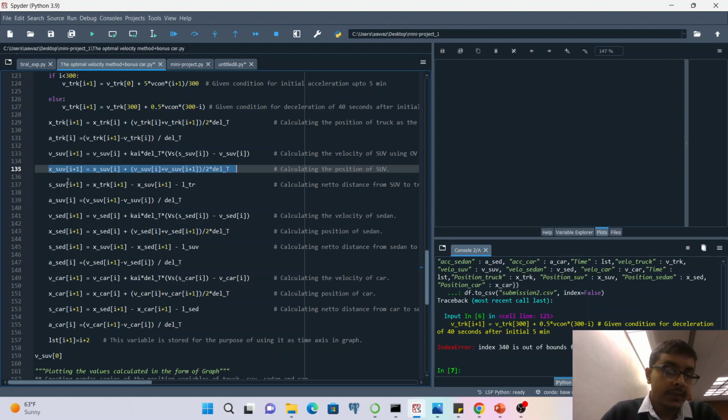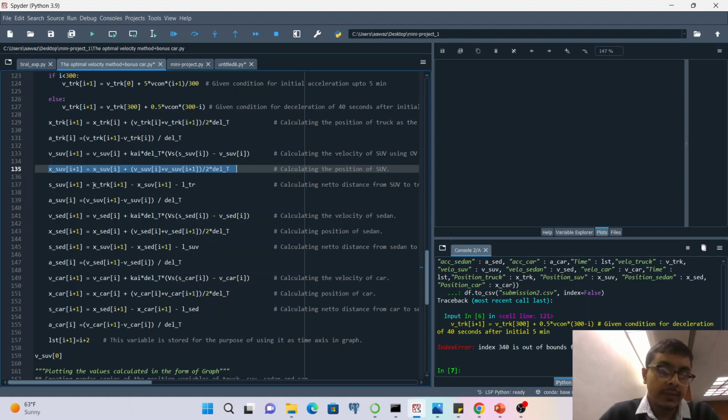And this SSUV is to record the net distance of SUV. This is the value that we actually need to call the OV function. So that is the net distance that remains in between the previous vehicle and the following vehicle.